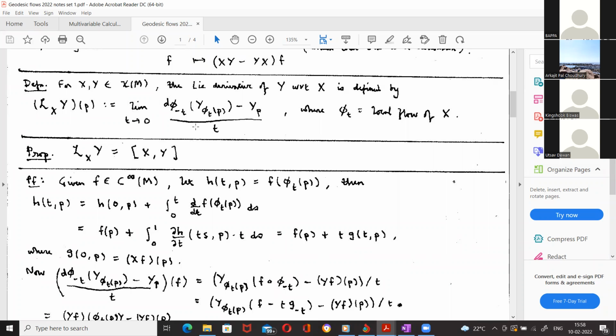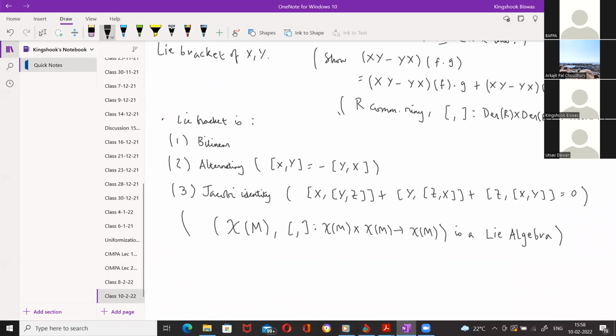Let me draw you a picture of the Lie derivative. It's a sort of derivative of the vector field Y along the integral curves of X.